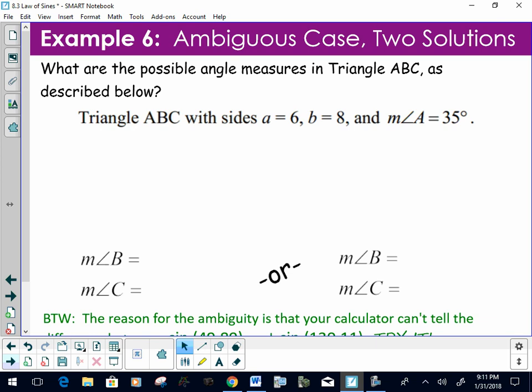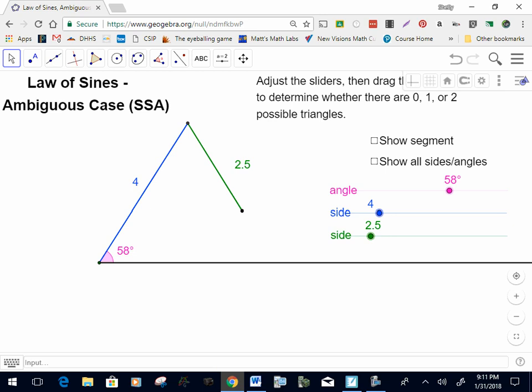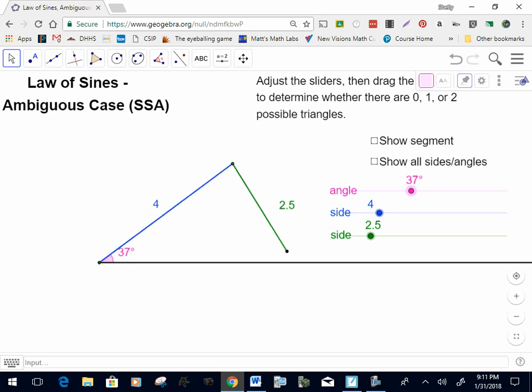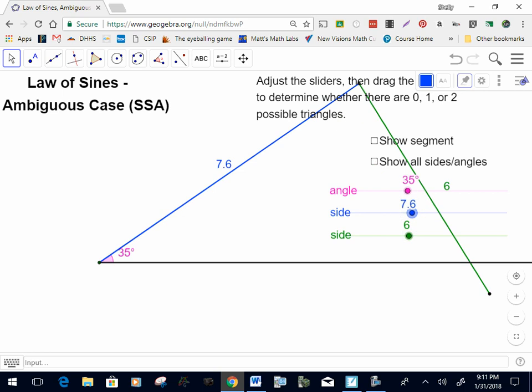So let's go back to my diagram and see if we can adjust that. Our angle is 35, so it's a little bit smaller than we had before. And the side across from it, the side that I have in green, is going to be 6. And then the other side is 8.